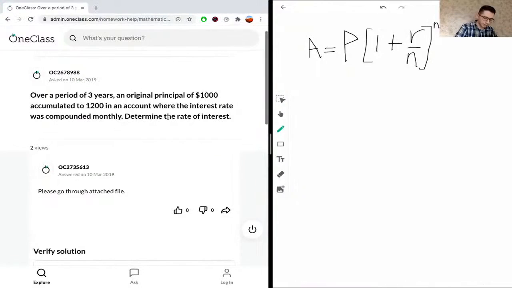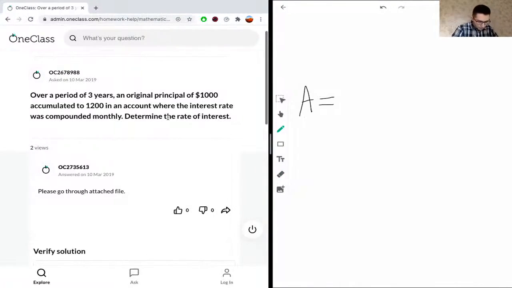Oh, this is off the screen right now. Let me just rewrite this quickly, a lot lower. So A equals P (1 plus R over N) to the power of NT.